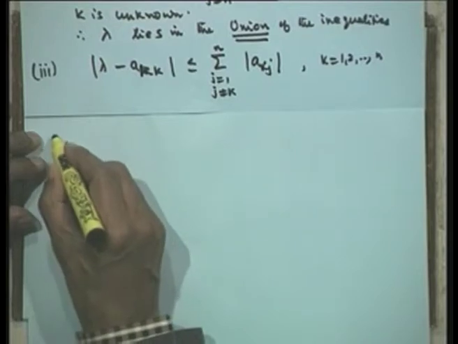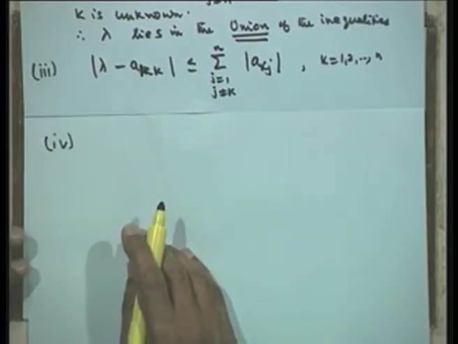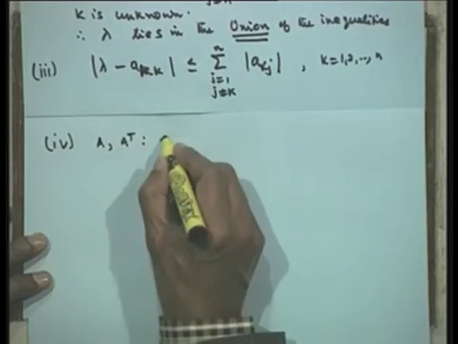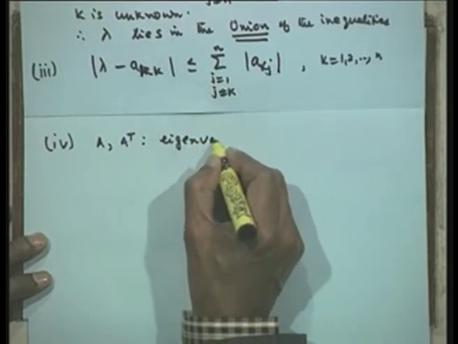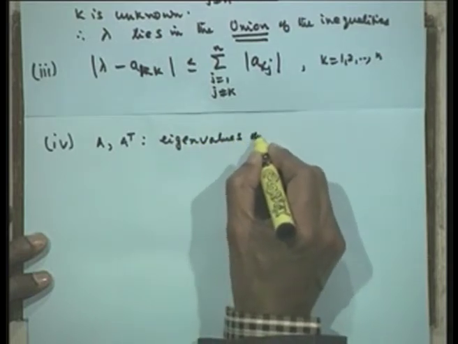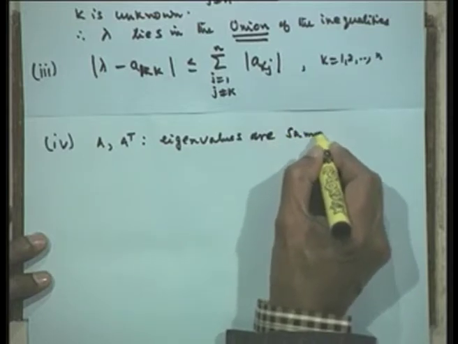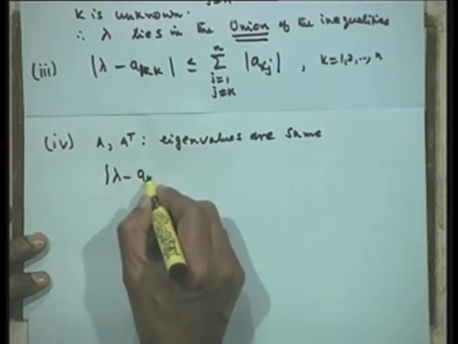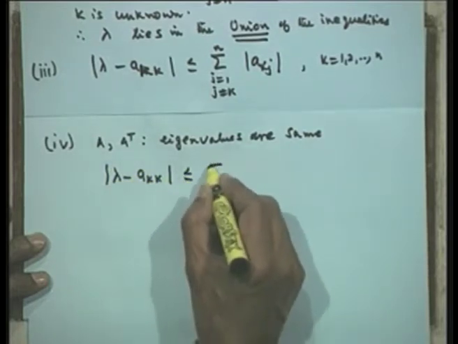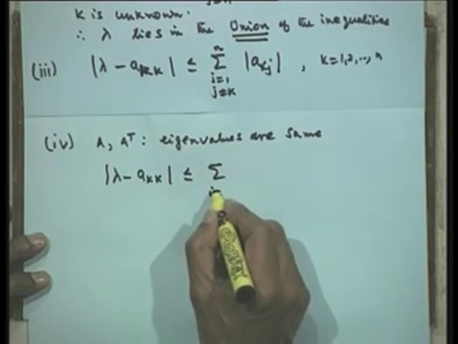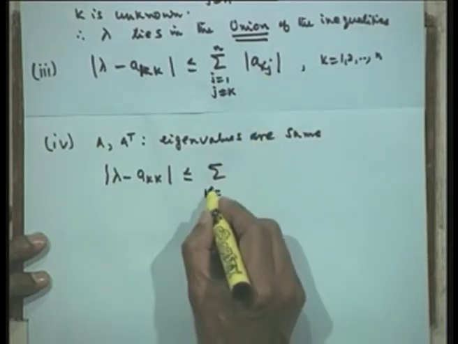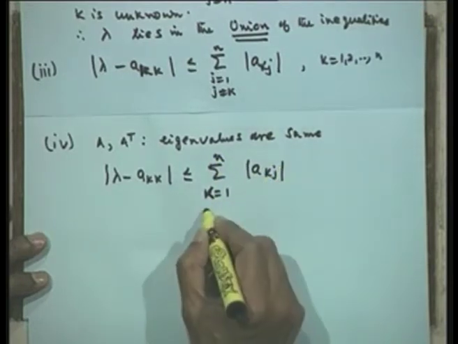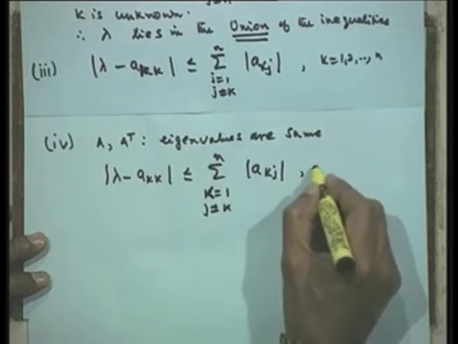Now, we know that the eigenvalues of A and A transpose are the same. So if I take A and A transpose, for both of them the eigenvalues are the same. Therefore, this inequality would simply become magnitude of lambda minus akk is less than or equal to the summation over k is equal to 1 to n of magnitude akj, j not equal to k, for all j.